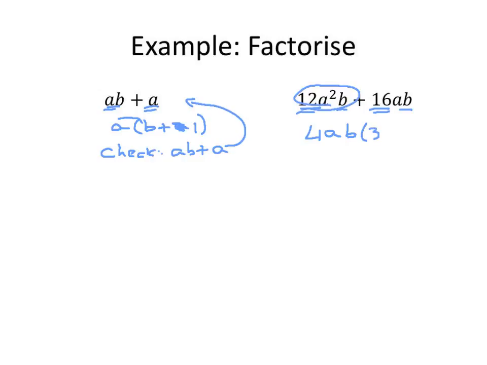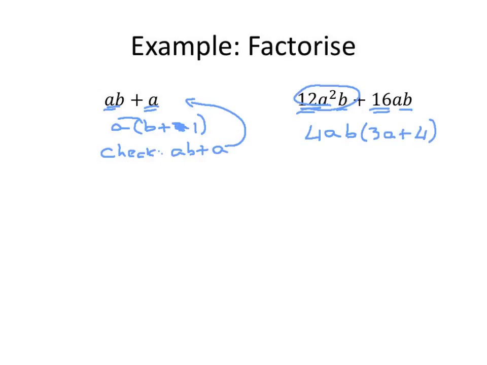A squared divided by A leaves me A. B divided by B cancel each other out. Plus 16 divided by 4 is 4. A divided by A cancel each other out. B divided by B leaves me with 1.